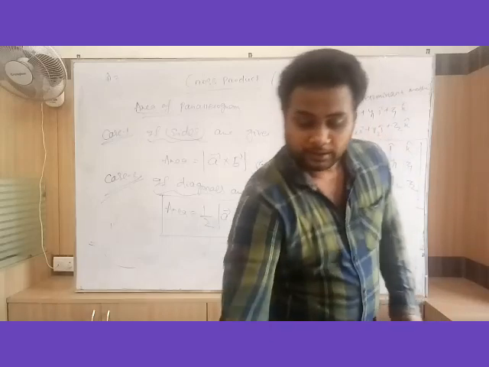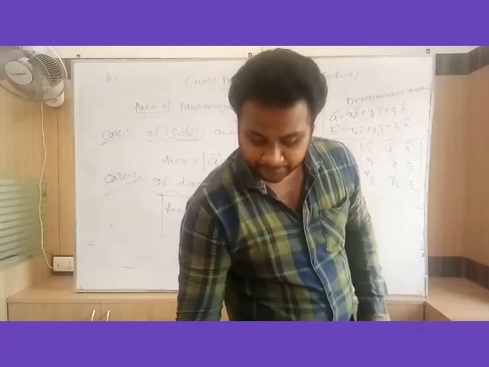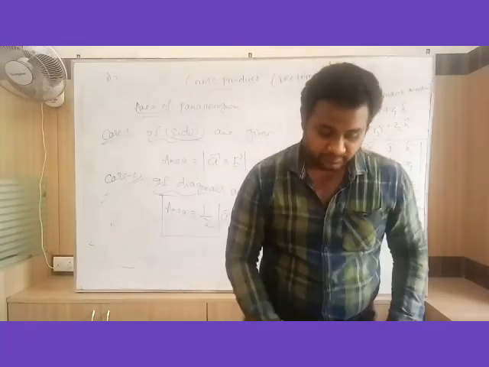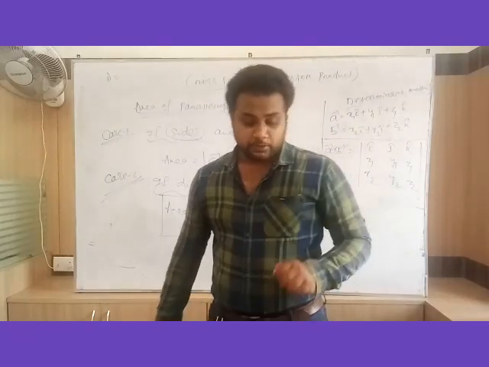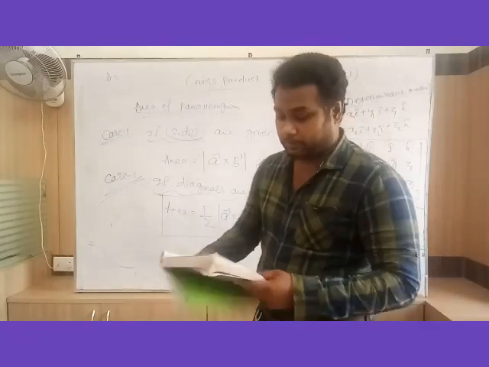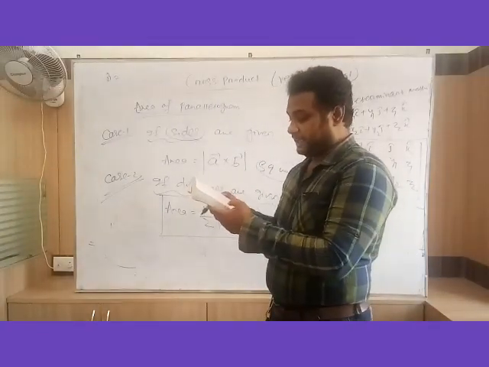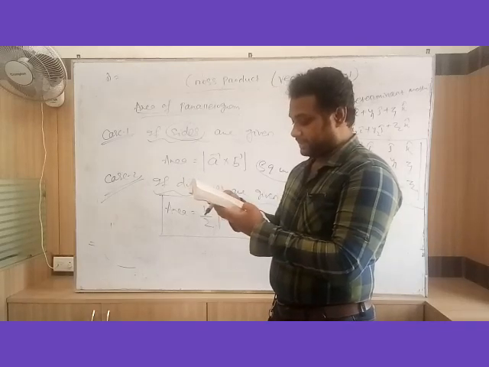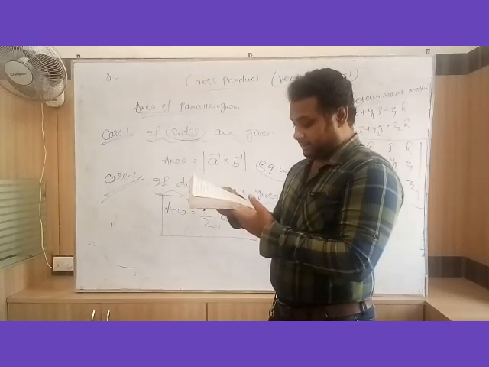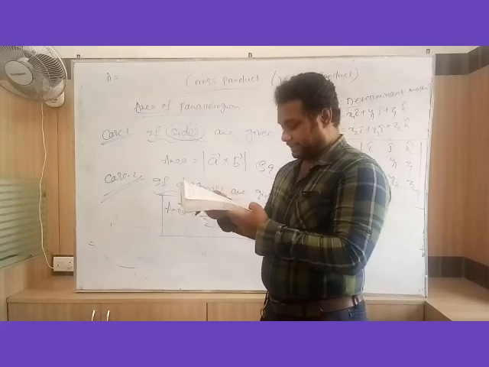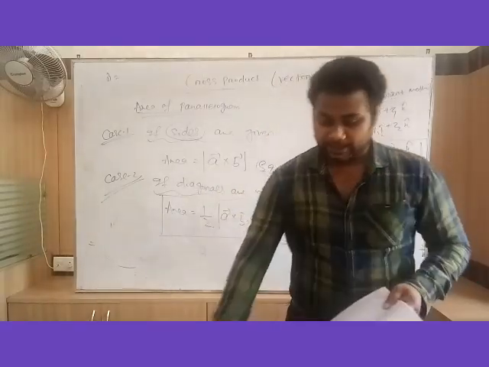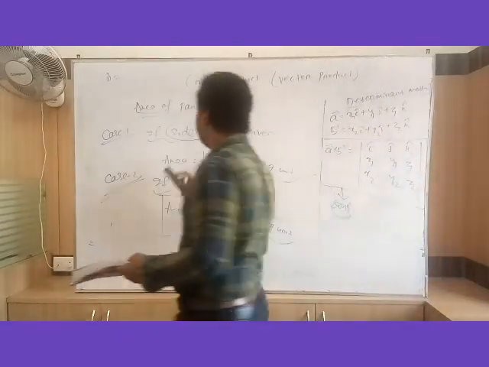So now come to exercise 12C. In 12C, you have to do question numbers 2, 3, 4, 5, 6, 9, 10, 11. Write them down and see how you do the problems.